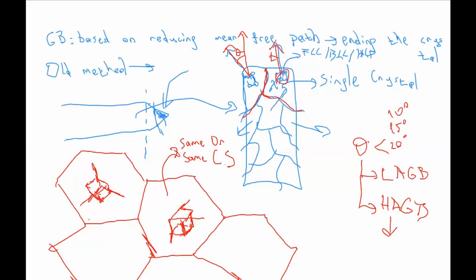The grain boundaries are therefore the places where the grains meet in the solid, right? So this is the grain boundary, and these two grains meet at this junction.